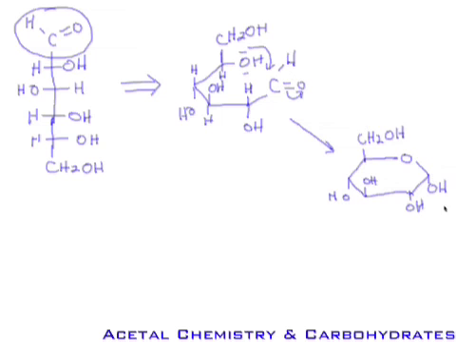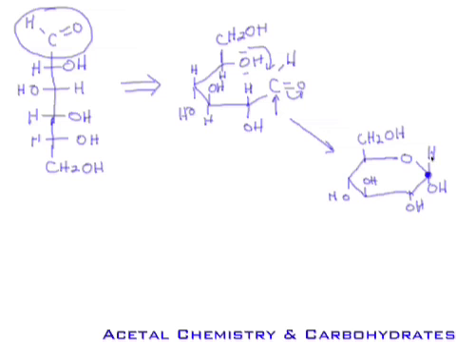That C double bond O becomes an OH when that oxygen links up. This becomes the sp cubed. This C right here is this carbon. What have I created? What kind of functional group? Well, this carbon has two singly bonded oxygens to it. It's a line formula, so we know there's an H here.